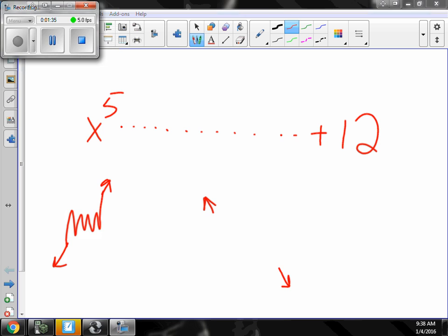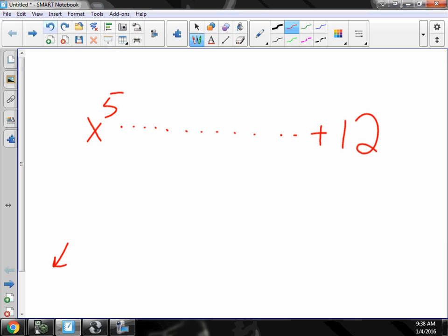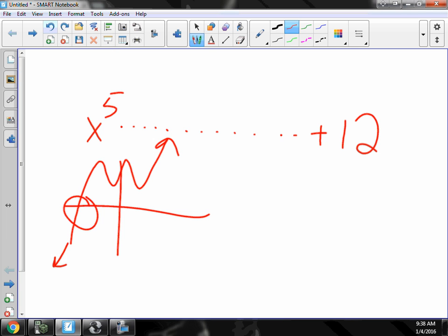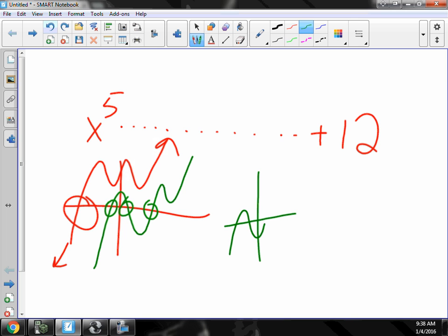So if I had this x to the fifth, it could look like this, in which case it has one real and 4 imaginary roots. Or it could look like this, in which case it has 3 real and 2 imaginary roots. Or all of the roots could be real.